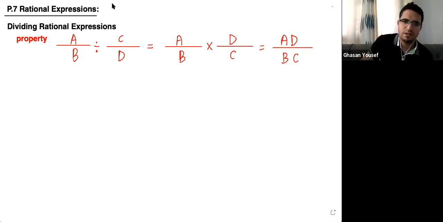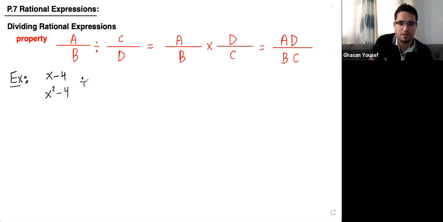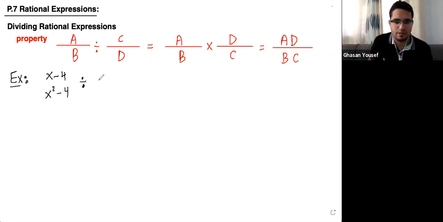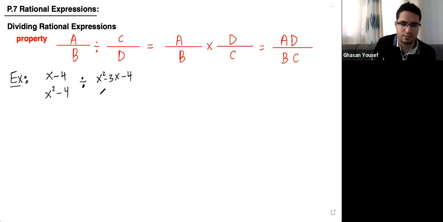So let me give you an example. Suppose I have x minus 4 over x squared minus 4, dividing by x squared minus 3x minus 4 over x squared plus 5x plus 6.